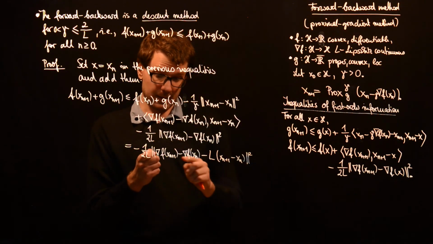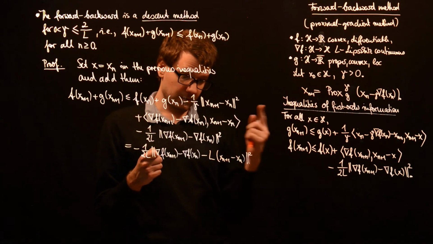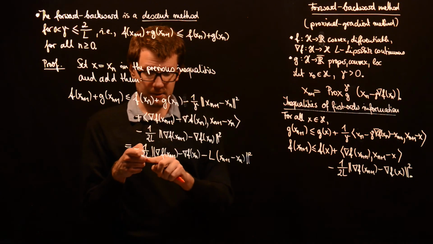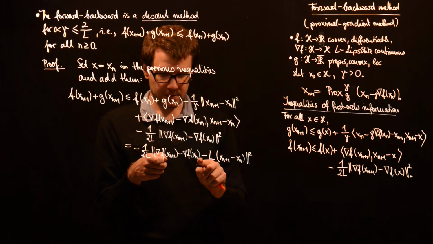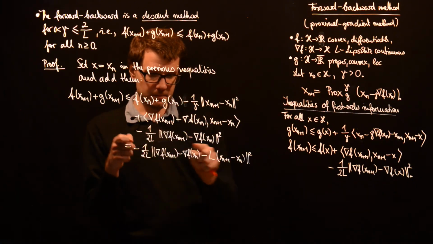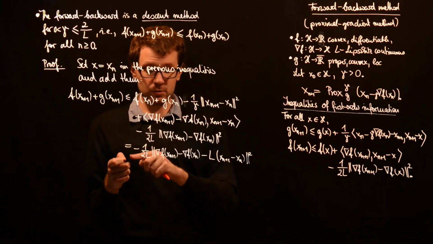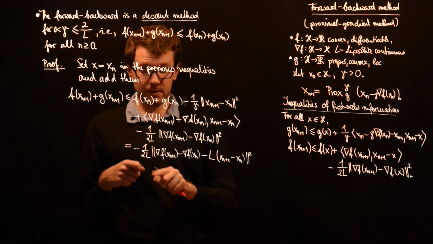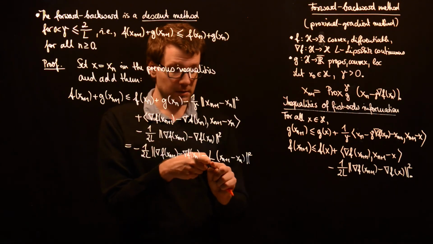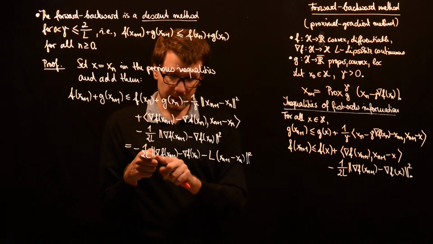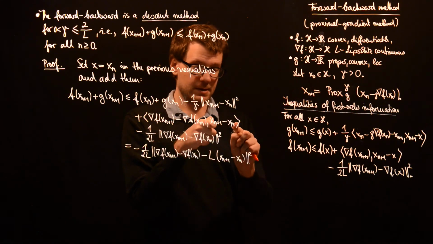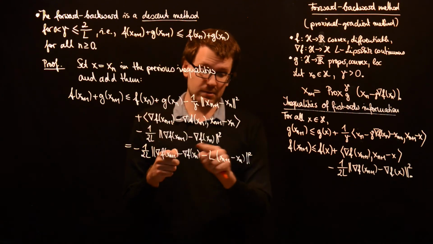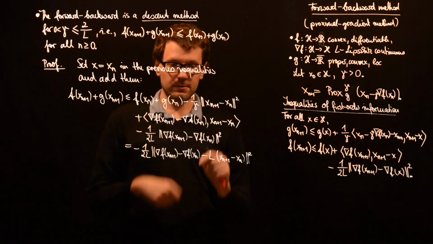Then, if we use the binomial formula, we get minus 1 over 2L times the norm of this difference squared, plus 2 times 1 over 2L, which is 1 over L, times L, which is 1, times the inner product of this difference with this here. So the mixed term in this expression is exactly this inner product.